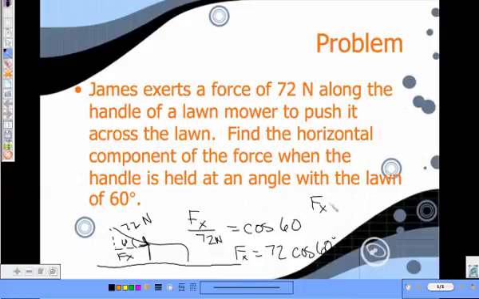So F of x is equal to 36 newtons. Then if we knew the mass of the lawnmower, we could find the acceleration of the lawnmower. It'd be 36 is equal to ma, if we wanted to find that. I don't know, maybe that's what the next problem does. I don't remember.